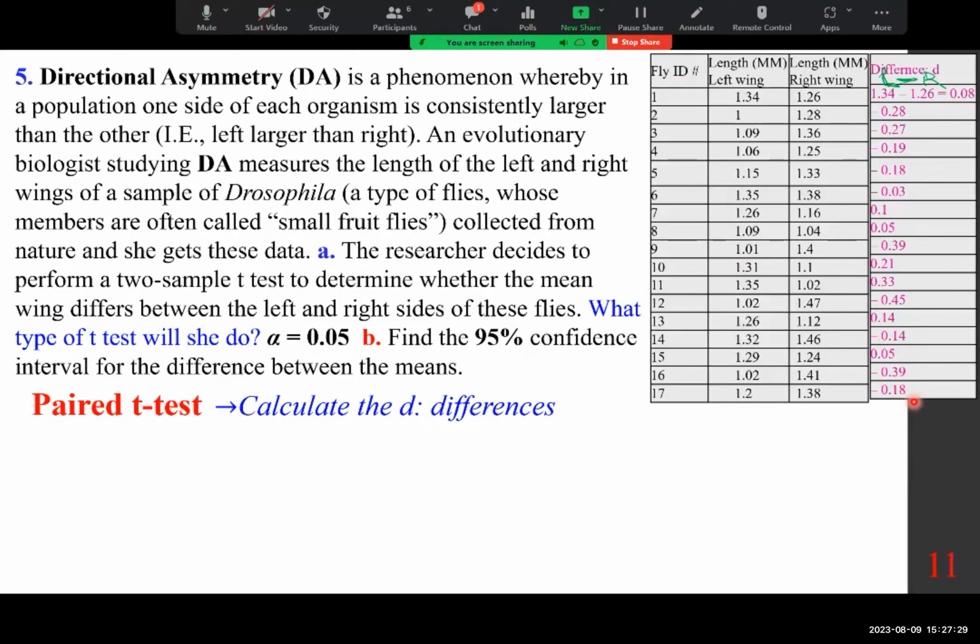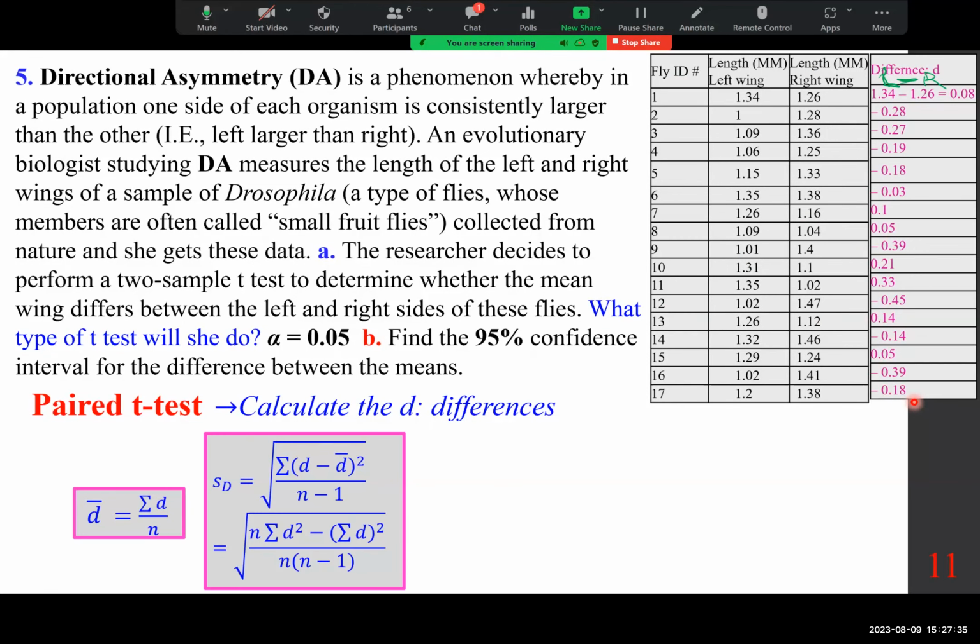And just the way that X bar was the summation of X over N, D bar is the summation of D over N. It's the same as X bar in essence. Just the way that we found S from X minus X bar, now it's D minus D bar. And if you want to use a calculator, here's how we do that. We want to enter this data.